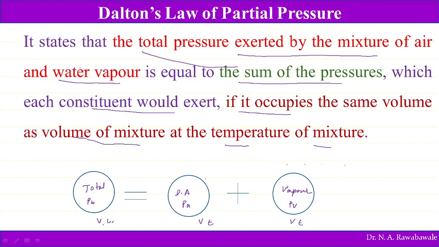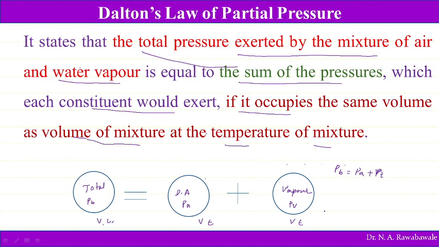So this total pressure PB is equal to PA plus PV, where two conditions must be satisfied. One is that the constituent gases have to occupy the volume of the mixture, and the temperature of these constituent gases should be equal to the temperature of the mixture.